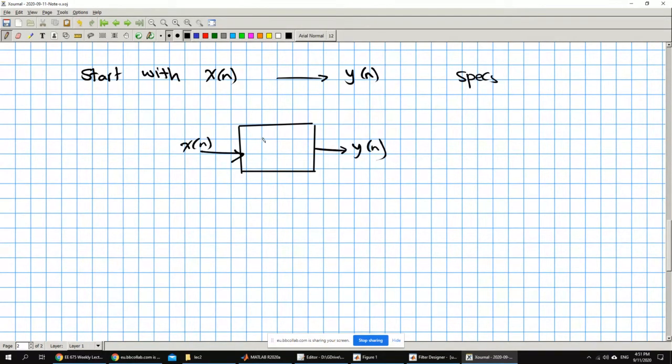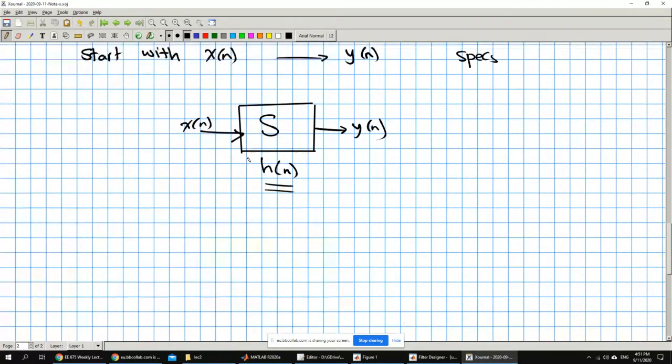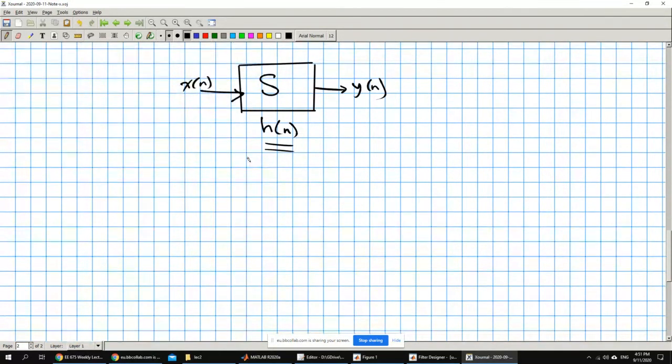And we used to call it h, if you remember. This is a system, okay? And we used to call the specification or the impulse response of this system h of n, okay? And we'd like to estimate that h of n to meet certain specifications. Basically, I just want to, first of all, describe the characteristics of this system, okay?